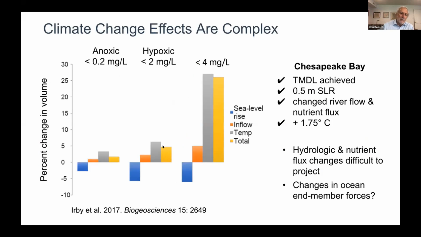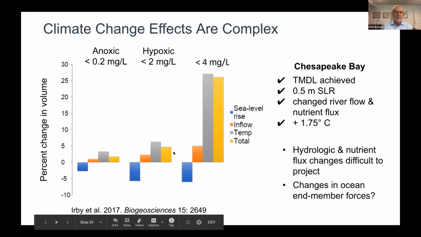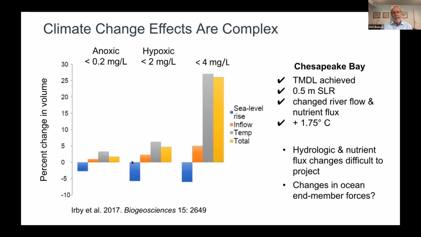And the title originally had something about climate change, and I decided it was just too much to include. Here's just one tempting thing that shows you that there's a lot of things that occur in the coastal zone that are going to affect how these systems respond. So here is an estimate for the Chesapeake Bay, and I'll just focus on this hypoxic area, less than 2 milligrams per liter, the model estimates. And it shows you that as climate changes, sea level rises, so that increases the volume of the bay and ventilates the bay, if you will.